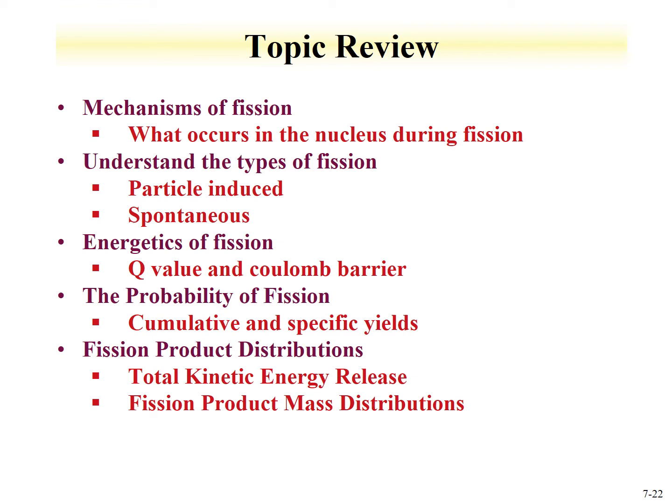This is driven by magic numbers of the fission products, particularly tin-132, doubly magic with a Z of 50 and an N number of neutrons of 82. And we also discussed total kinetic energy release. There are other aspects of fission that we discussed in this lecture that one should understand and that help explore and explain what occurs in the nucleus during the fission process.